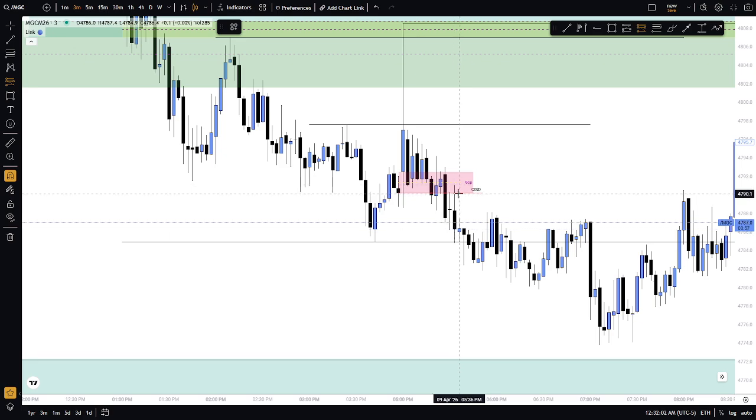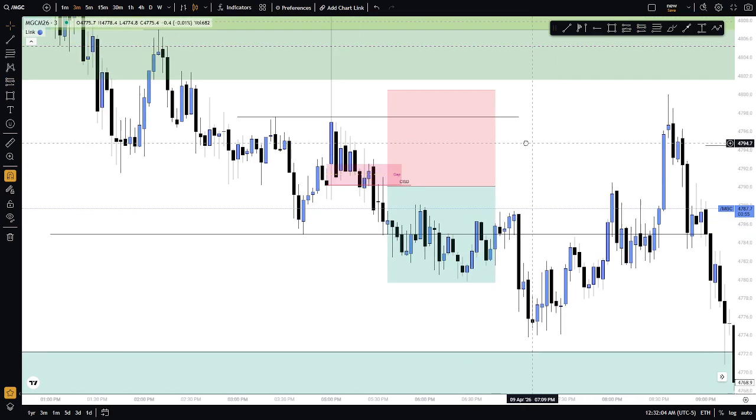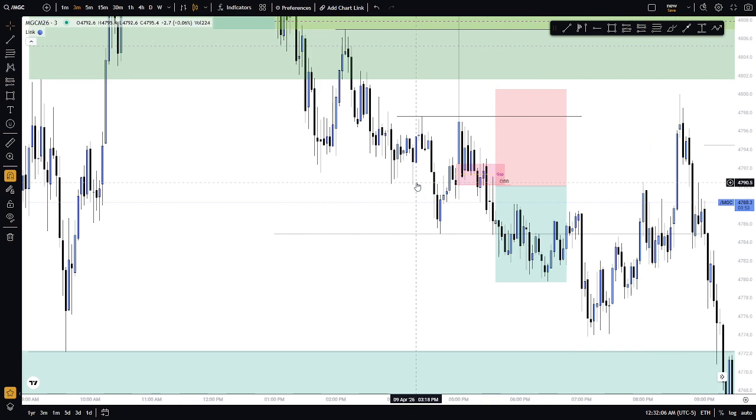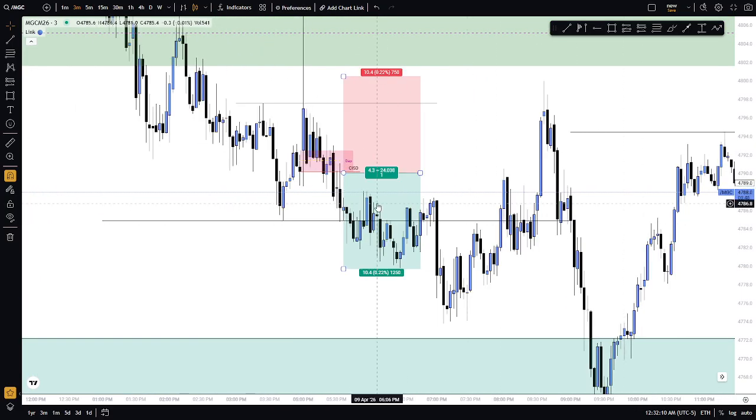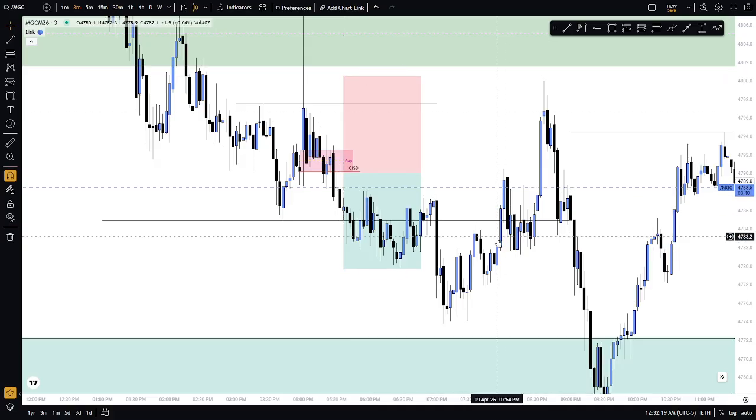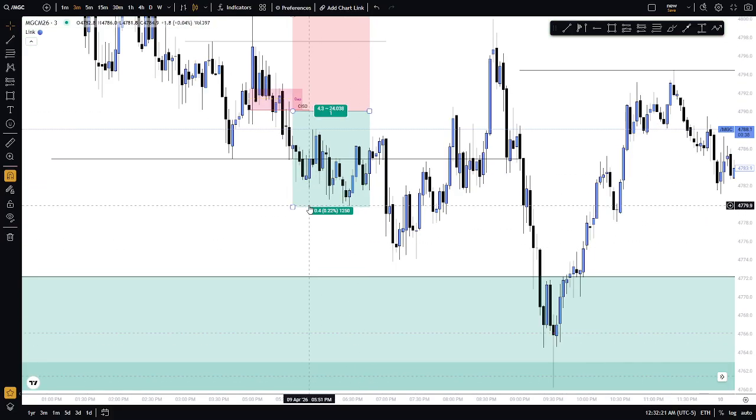The current model that I am imposing in the market is 1-to-1. Now, ideally, when I'm looking at this chart, this would have been the most optimal entry, a 1-to-1 covering this high and targeting here.